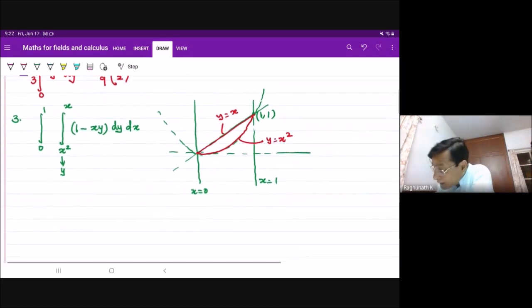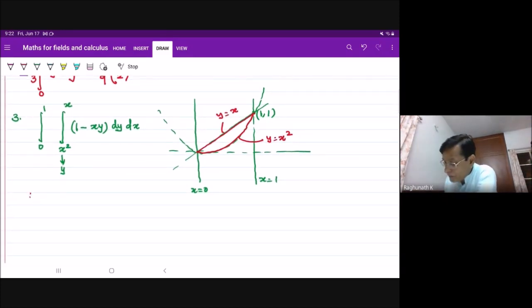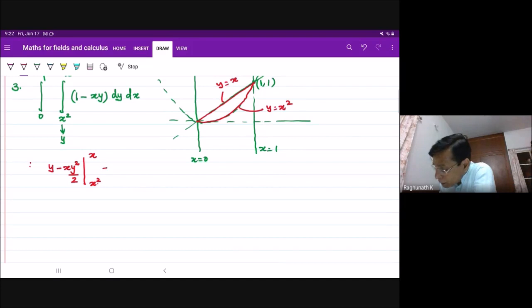If I evaluate this, what will happen? Y minus xy squared by 2 from x squared to x is equal to x minus x cubed by 2 minus x squared plus x power 5.